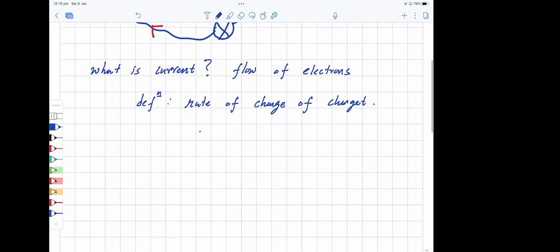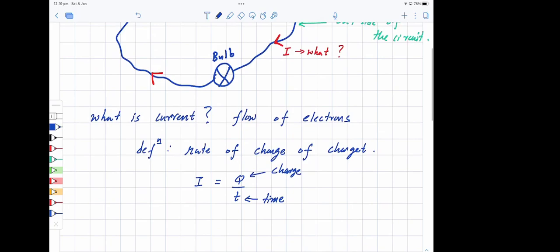That means current is defined by Q divided by T. T means time, Q means charge.